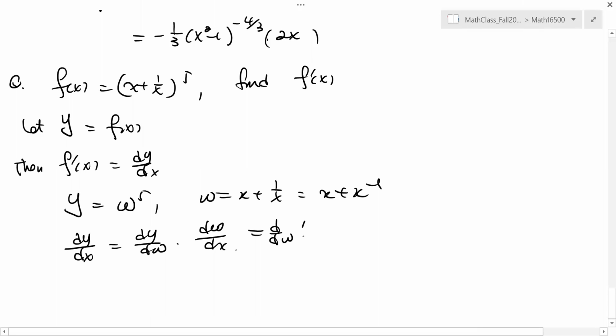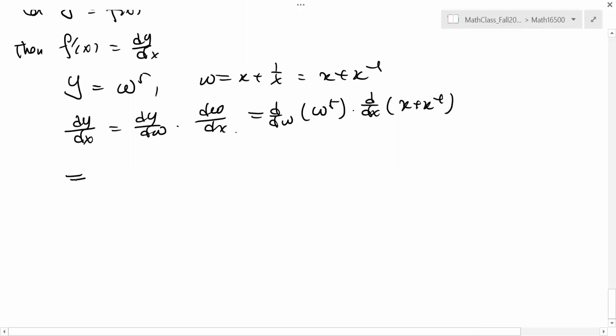That will be 5w to the fourth power, and here's 1 minus x to the negative 2.